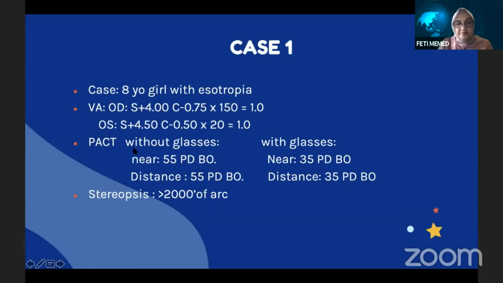Prism alternate cover test without glasses for near and distance is the same, 55 prism diopters, and with glasses near and distance the same, 35 prism diopters, and poor stereopsis.